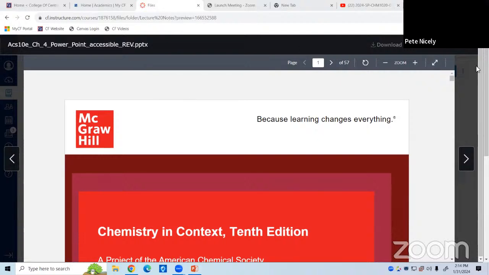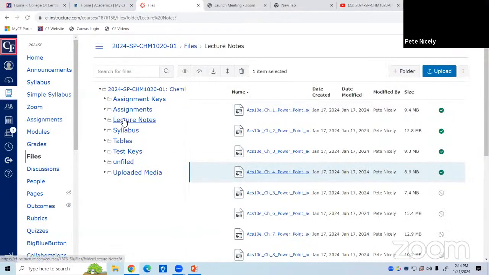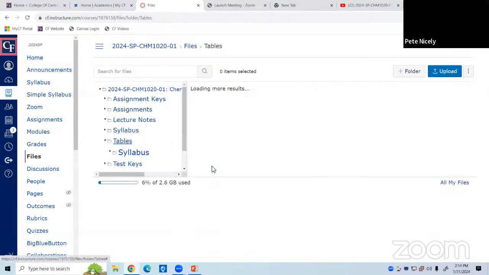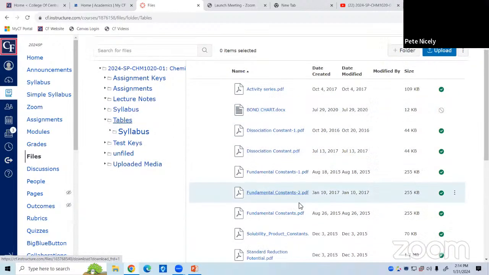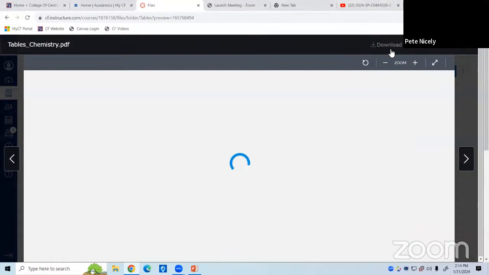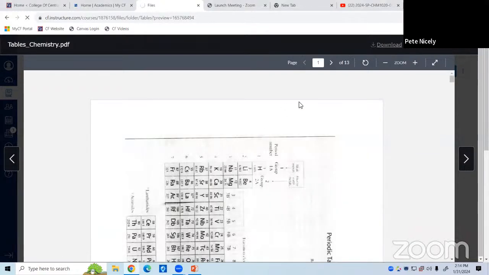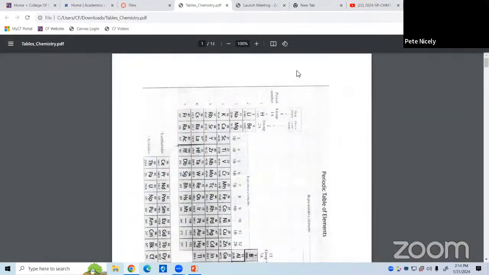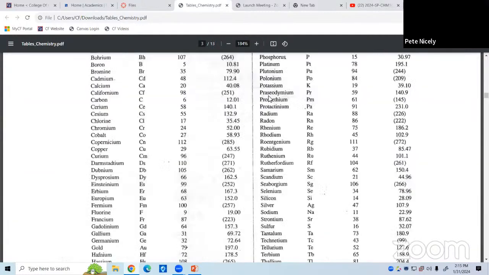Oh, the tables. Okay, so let me close this. Tables. Okay, so let me download this. Let me scroll down to the list of ions.